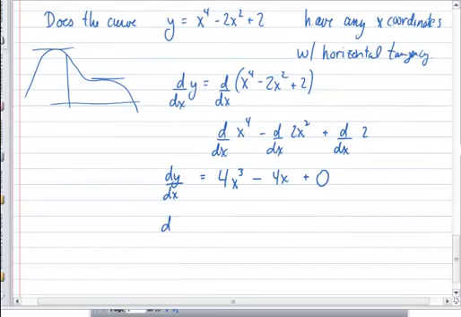We want to set it equal to 0 because when you have horizontal tangency, the slope is equal to 0.